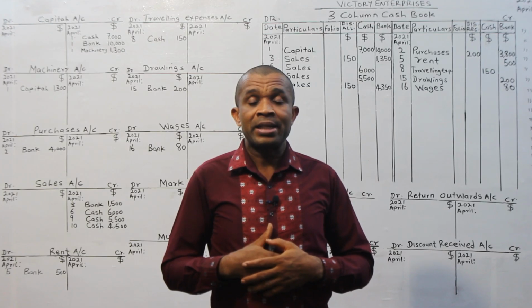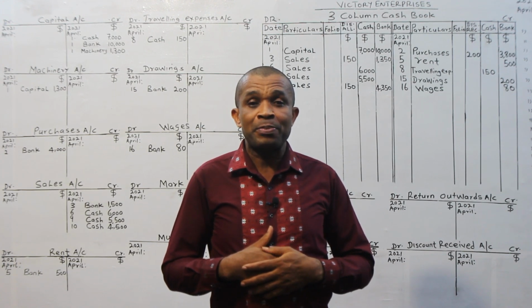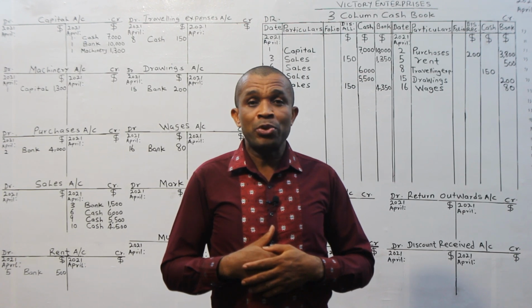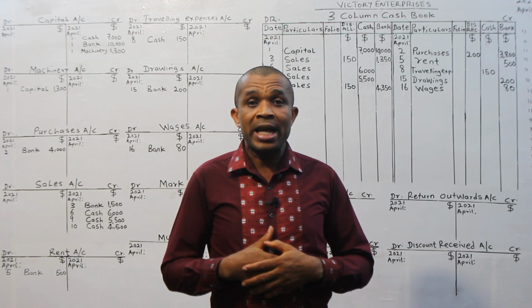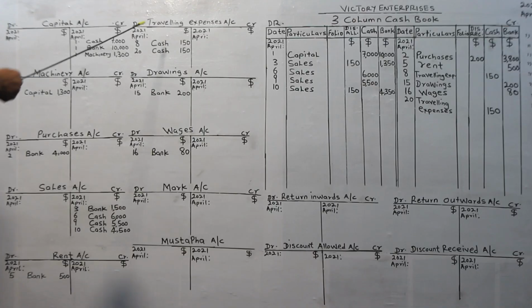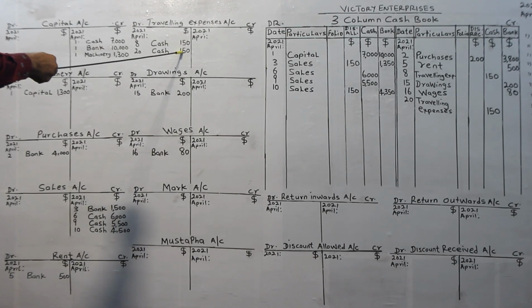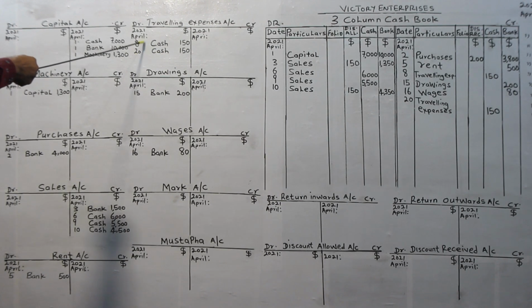April 20th, paid for traveling expenses $150. Of course, when traveling expenses is paid for, the cash book is credited for giving out cash for traveling expenses, while the traveling expenses account is debited for receiving. So we debit the traveling expenses account with $150 cash received on 20th of April 2021.